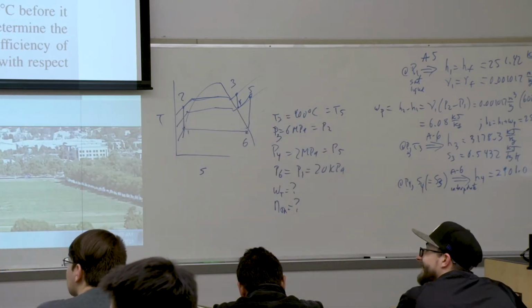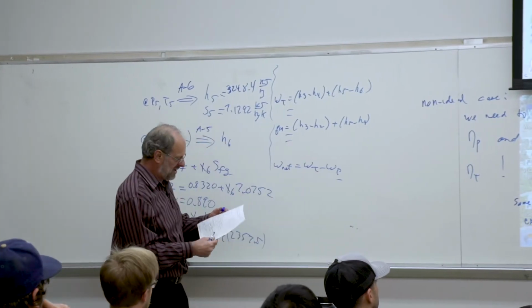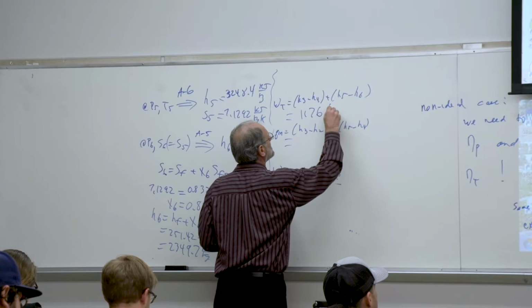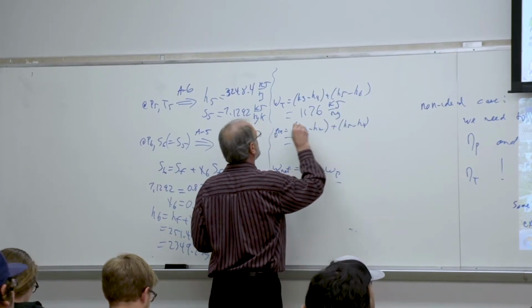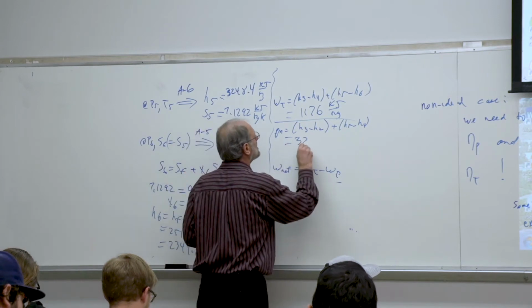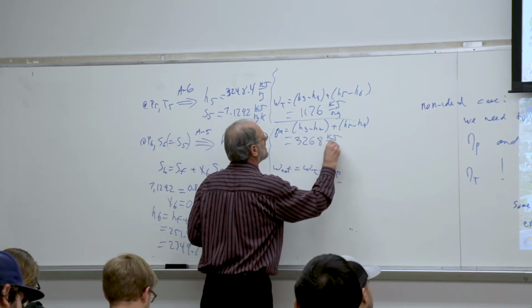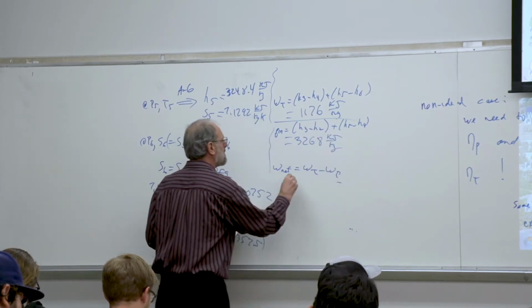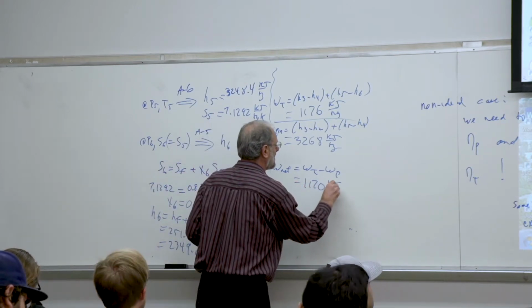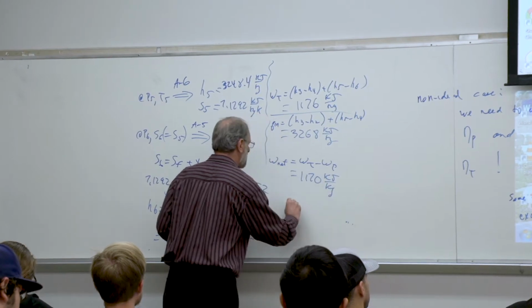Nonetheless, I'm not going to bother to plug in the numbers here. We have all the enthalpy data. We can find all these terms. The turbine work output is 1176 kilojoules per kilogram. The heat input is 3268 kilojoules per kilogram. The net work is 1170 kilojoules per kilogram.